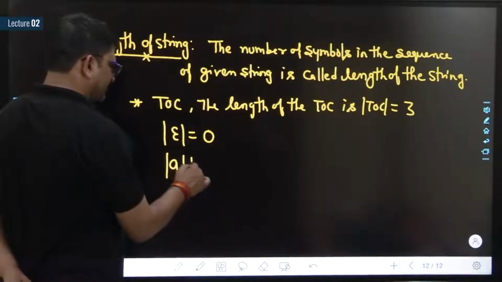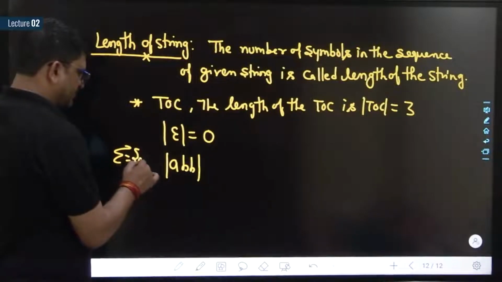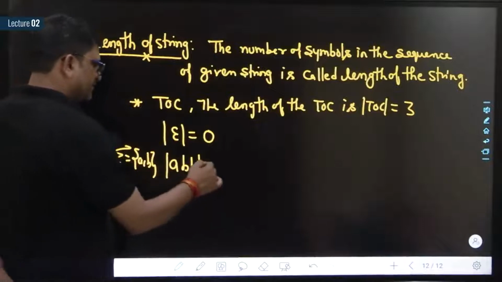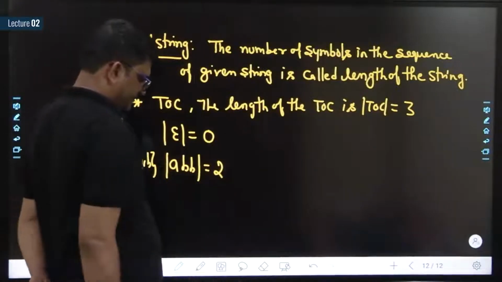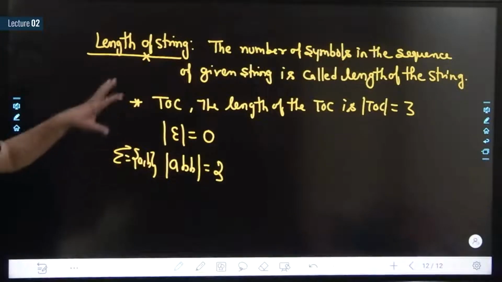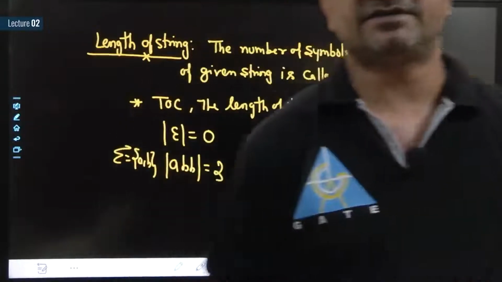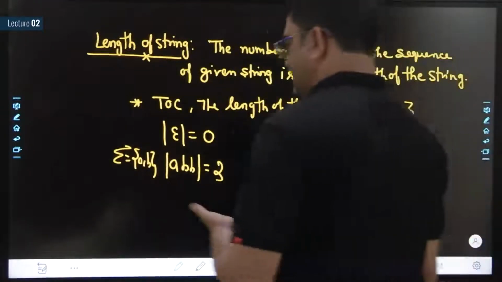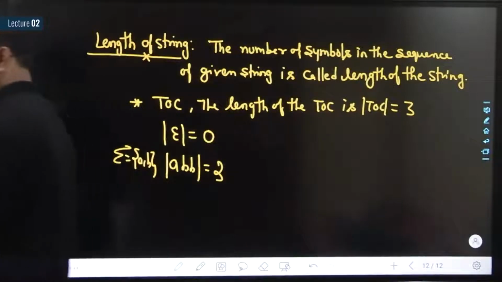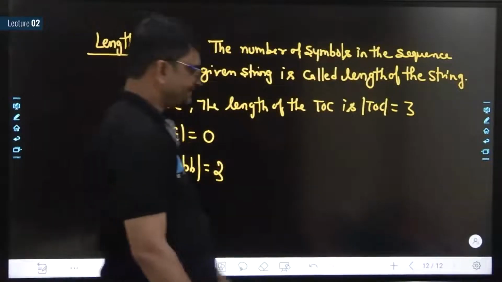Length of ABB over the given alphabet A comma B is 3. The number of symbols present in the string is known as length of the string.